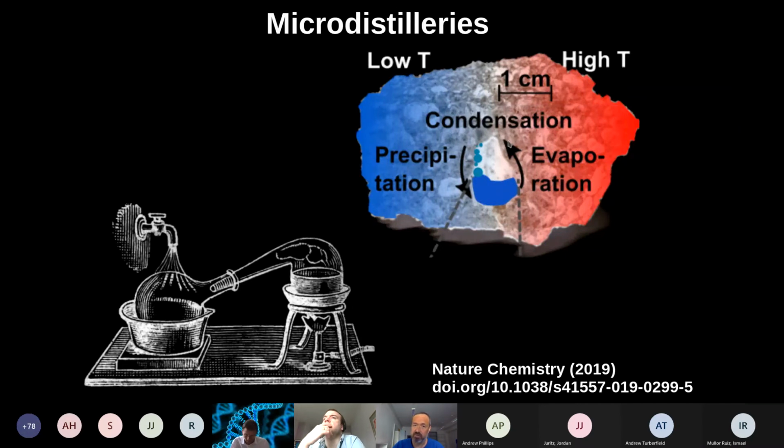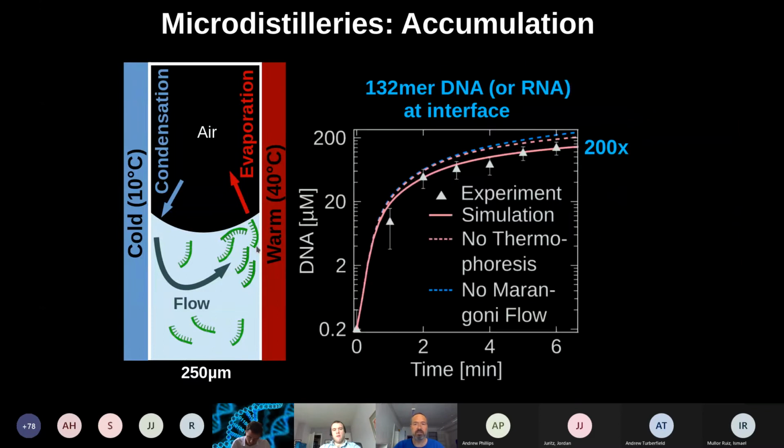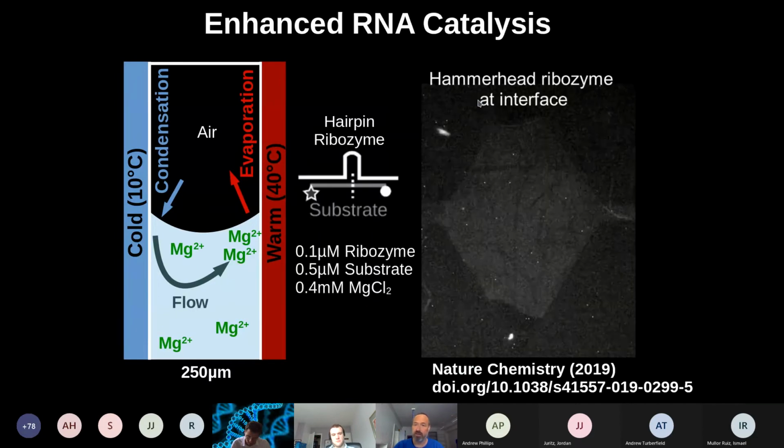But here now we have a pore which has a little bit of air, CO2 also in between, and that triggers evaporation-condensation cycles as you make the temperature difference. So things are accumulating here, and that gives us quite a strong, fast accumulation of nucleotides, oligonucleotides, of salts, and of RNA enzymes.